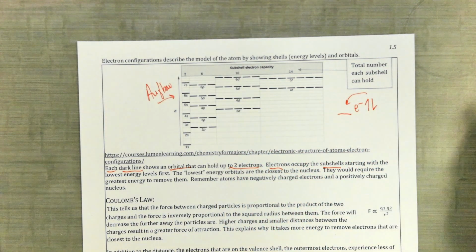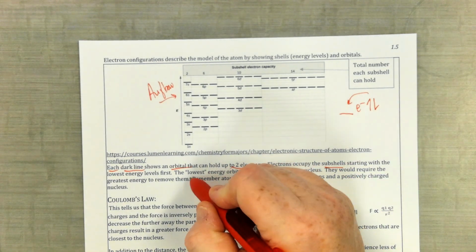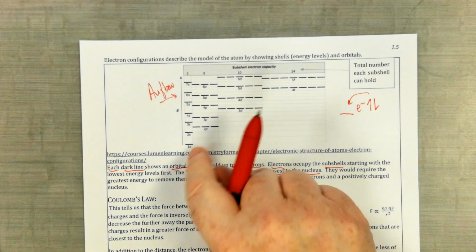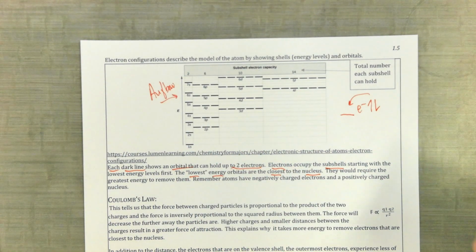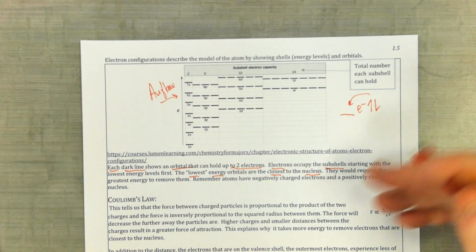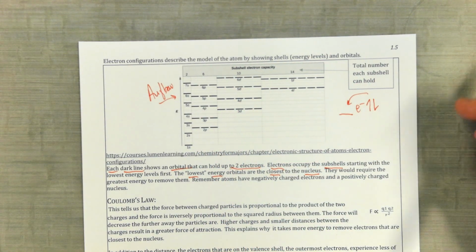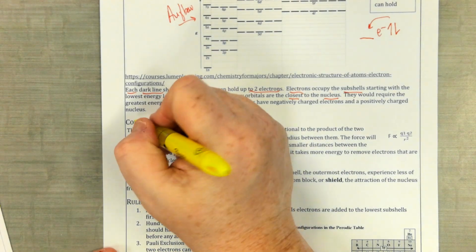Electrons occupy the subshells s, p, d, and f. The lowest energy are closest to the nucleus, so 1s is closest, so it would be very hard to pull those electrons off, where the higher energy subshells are much easier to pull off. And that ties in to Coulomb's law. Okay?